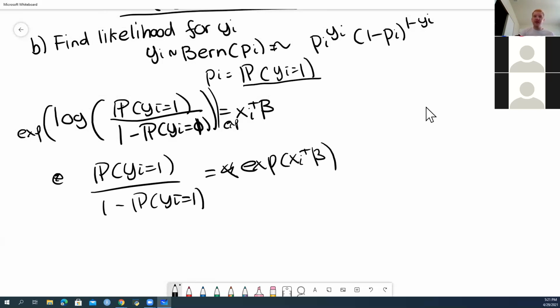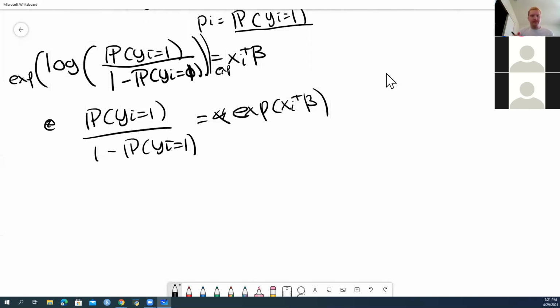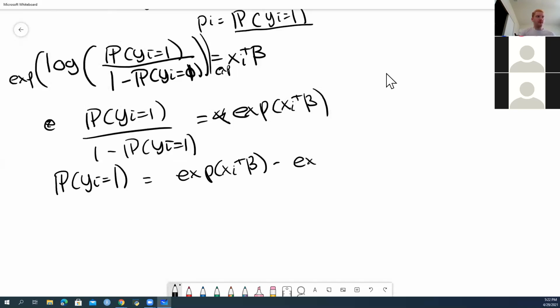Okay. And then from here, we can just simplify. So let me just do some math for it. So it's this, and then equals basically exp of xi transpose beta minus exp of xi transpose beta times the probability yi equals 1.